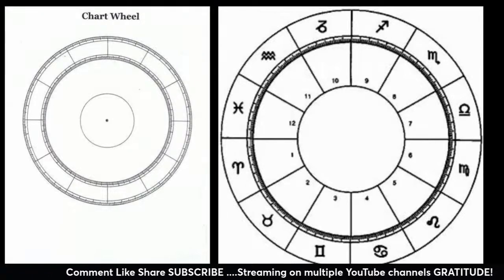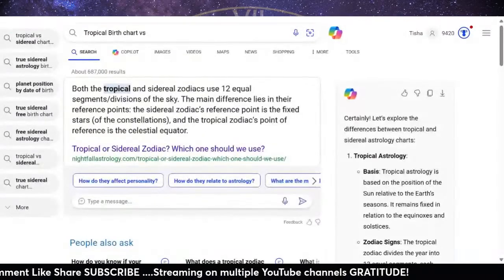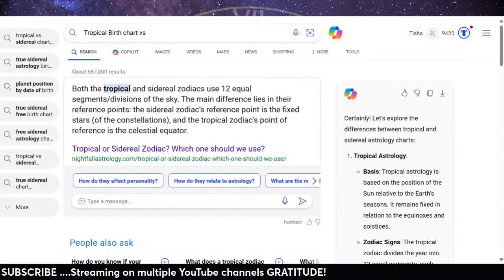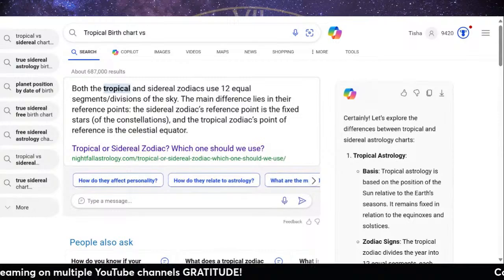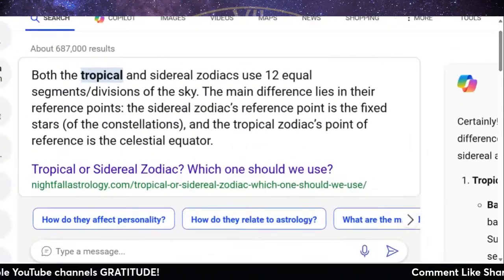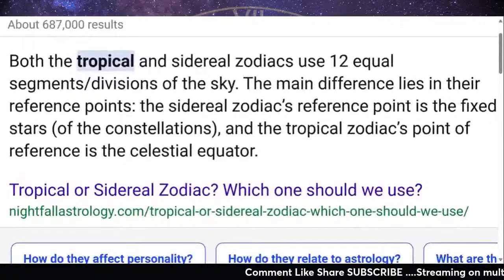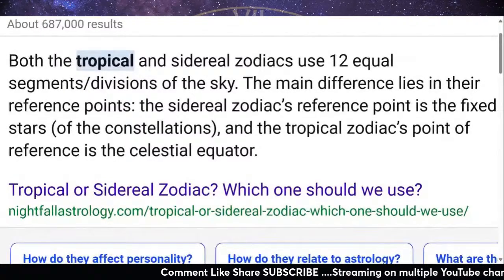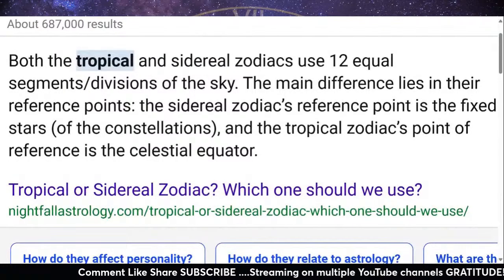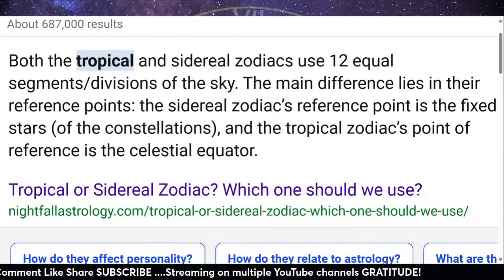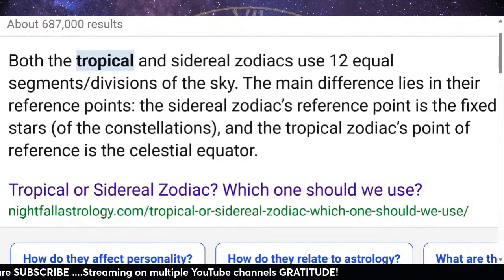All right, so I addressed my tropical chart a few times. For people who are not sure what tropical means, and again, it's my intention not to talk over anyone's head, if I address something and you're unsure, go ahead and put it in the comments and let me know. Or you have my phone number, you could text me.